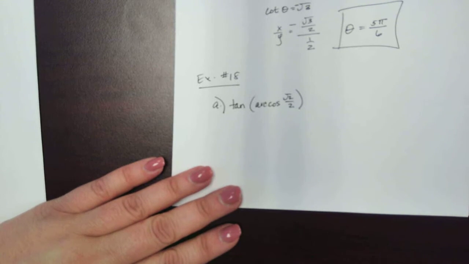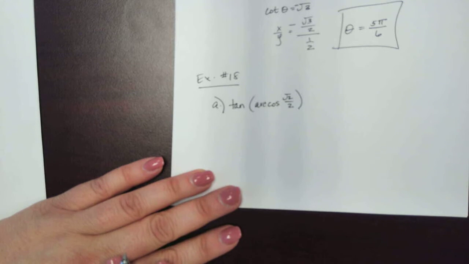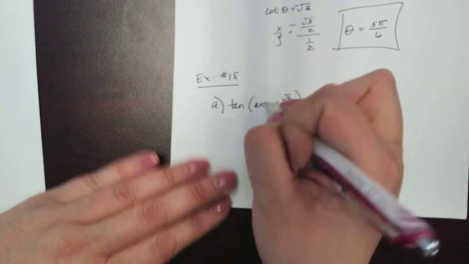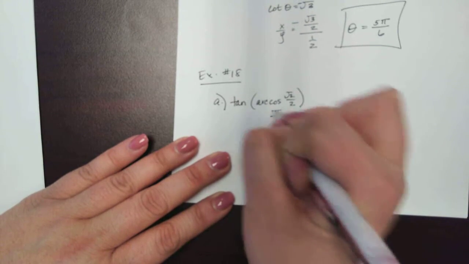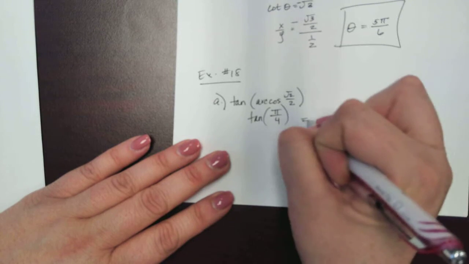Just like with PEMDAS, we work inside the parentheses first. Arc cosine of square root 2 over 2: where does cosine equal square root 2 over 2? Pi fourths. Cosine also equals square root 2 over 2 in quadrant 4, but that's outside of the range. It has to be 0 to pi, quadrants 1 and 2. So this is pi fourths, and the tangent of pi fourths equals 1.